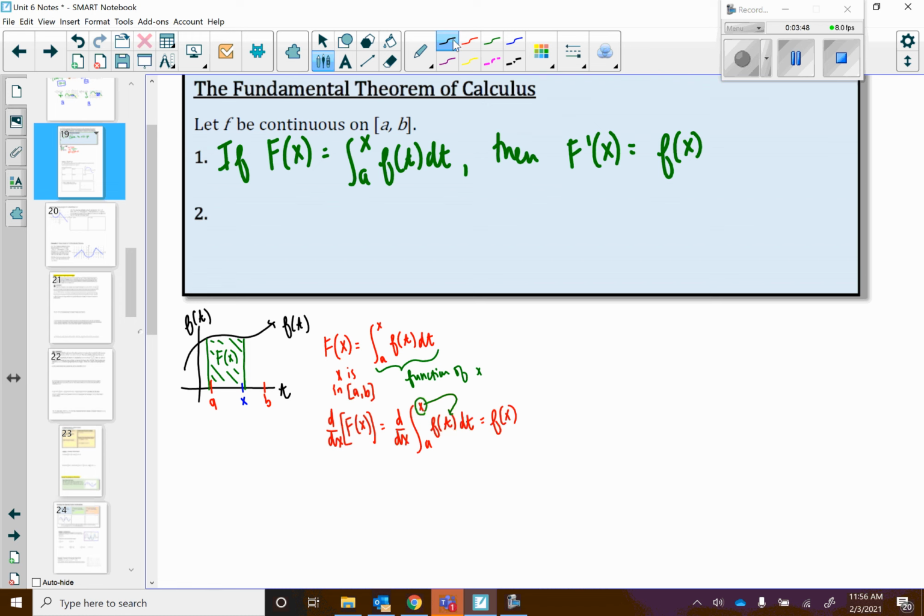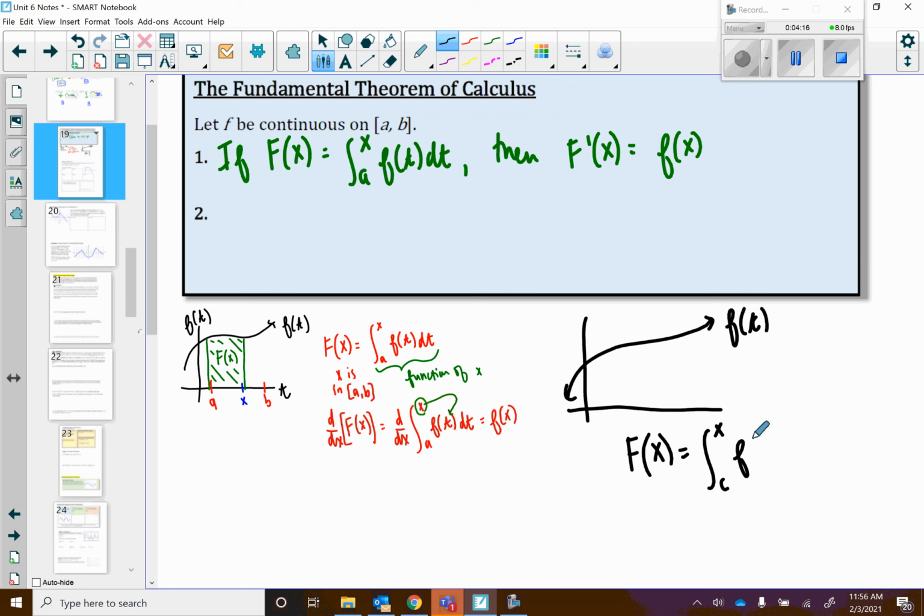Now let's talk about the second part of the fundamental theorem of calculus. And we're still going to use this kind of same example. I'm just going to make it a little bit more detailed here. So let's say we're still looking at that function f of t. And I'm going to define capital F of x to be a function of this function from, let's say, c to x, which, let's go back then and draw in.